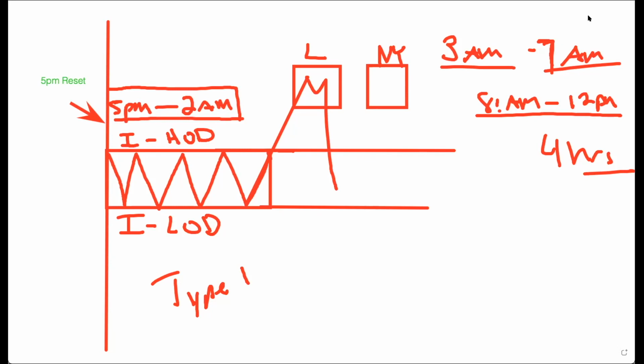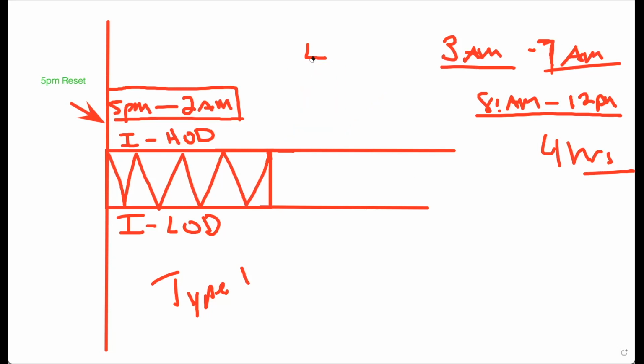That's all it is. But the main ones that you're going to see is this, where both legs happen in London, or where you have a multi-session setup and the first leg is in London, second leg is in New York. So very similar, same thing, works the opposite way.